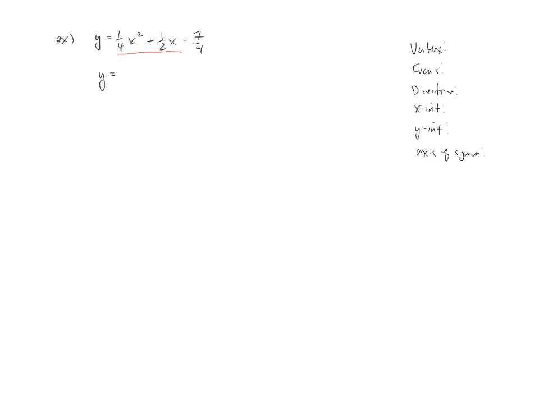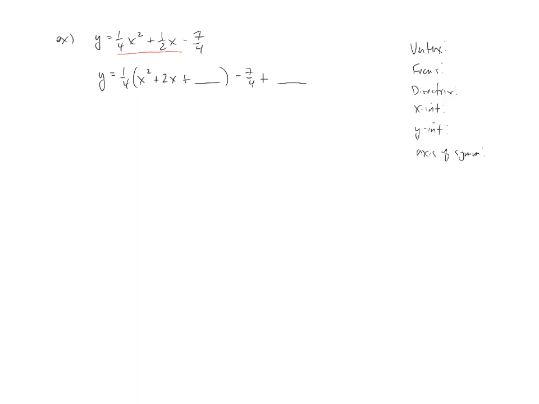So I'm going to need to factor out the 1/4 from everything with an x. So that's going to give us an x² + 2x, and I'll put the blank in. I have my -7/4, and to keep it balanced, remember these blanks always come in pairs, so I'll need to tack one on at the end there.